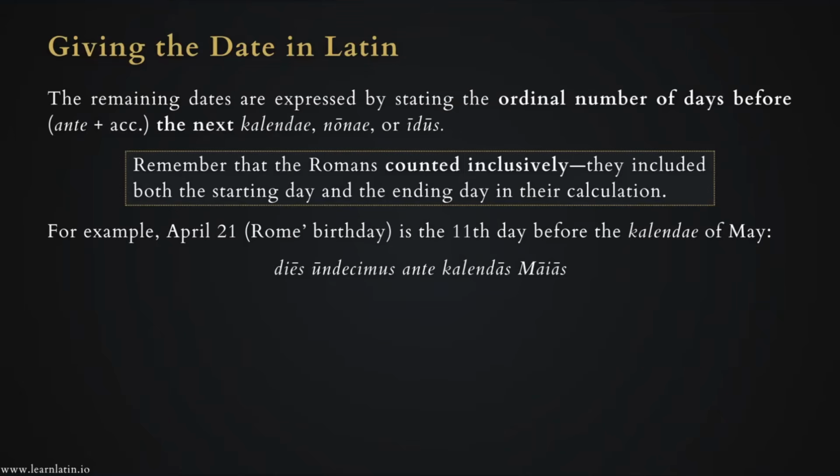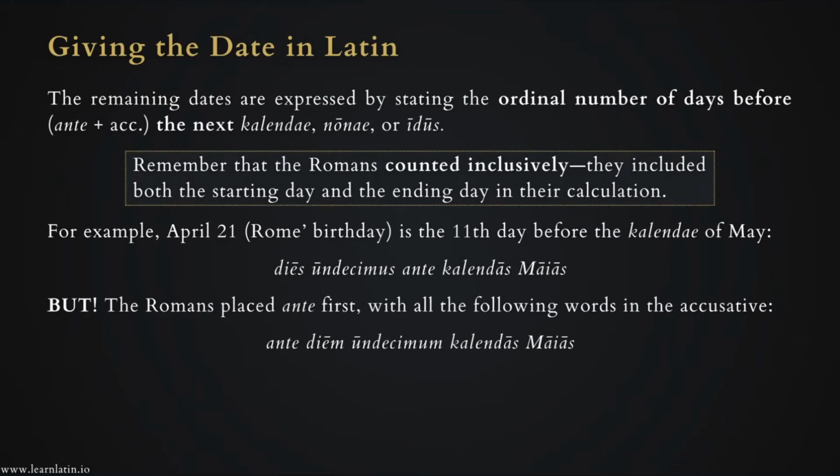They were thinking how many days before the next important day. You see the difference? They were saying, well, 11 days before the next important day, which is the calendae Maiae. Dies undecimus ante calendas Maias. So that's a completely different system compared to what we use. Completely different and quite confusing if you ask me. And it's going to get worse.